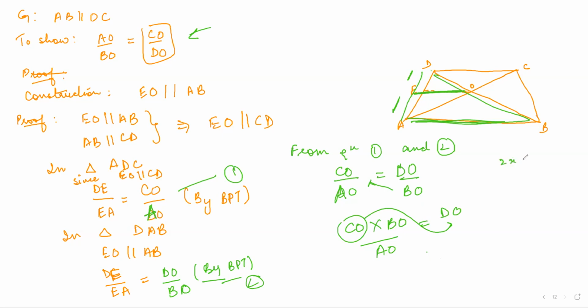For example, I have 2x is equal to 4. So where will this 2 go? Here in the denominator, x will be 4 by 2. Same way, it will be BO divided by AO is equal to DO divided by CO. So CO will come in the denominator, right? Yes, ma'am. Now you can flip the equation because you want AO by BO, right? So you can write AO by BO. So this side also you will flip. So CO by DO. So that's what you were supposed to prove.